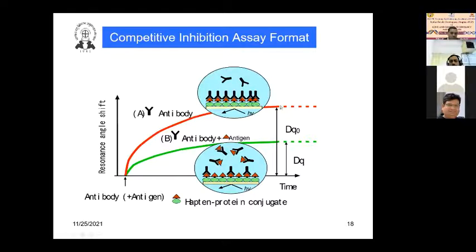Then the antigen that you want to detect, if you mix that antigen with the antibody and let it flow, there would be fewer antibodies binding to the surface, because some of the antibody available in the sample binds the antigen, so the response would decrease. This creates one of the methods called the inhibition assay format in SPR. Okay, next.